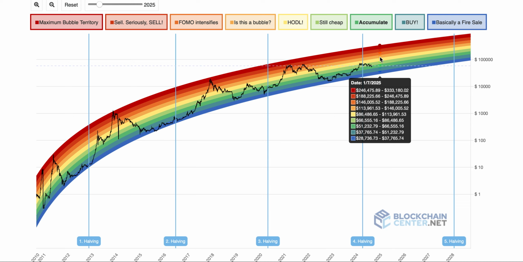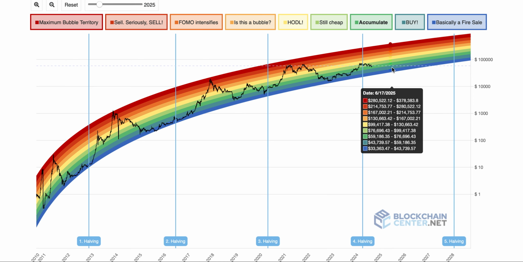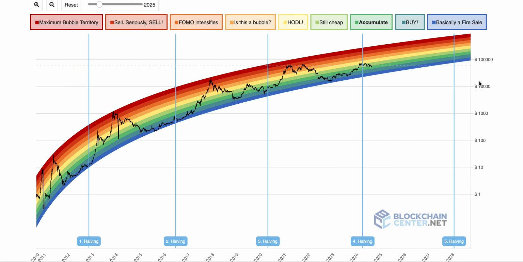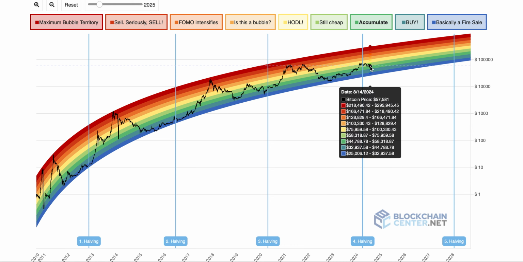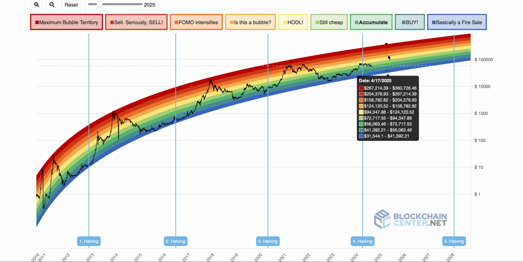But I do like how it shows us that, as well as showing the different prices with the different bands, because as you can see, there are the overbought zones, the medium zone, and the oversold zone. So the rainbow chart does show us diminished returns based off this log scale. And as you can see, the highs are getting lower in those rainbow bands.